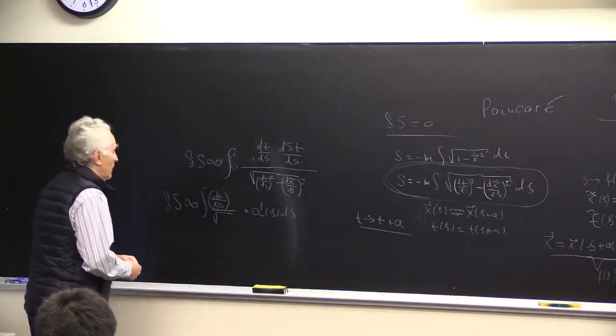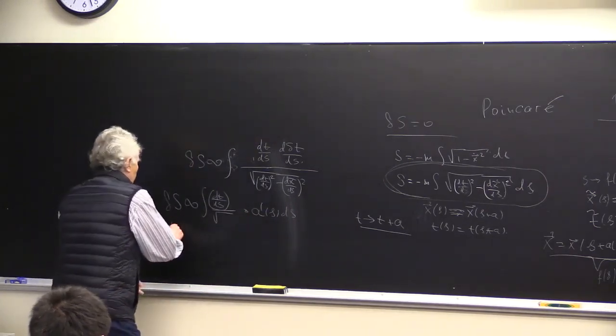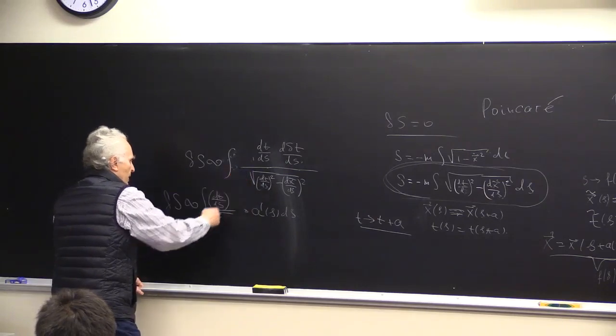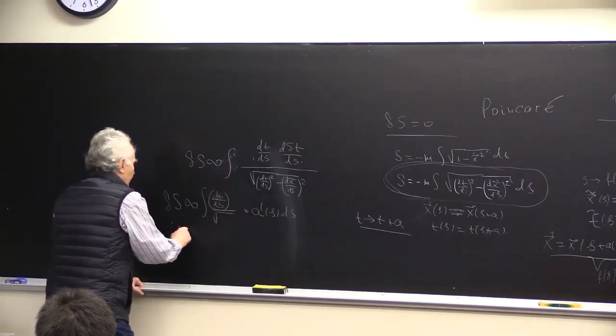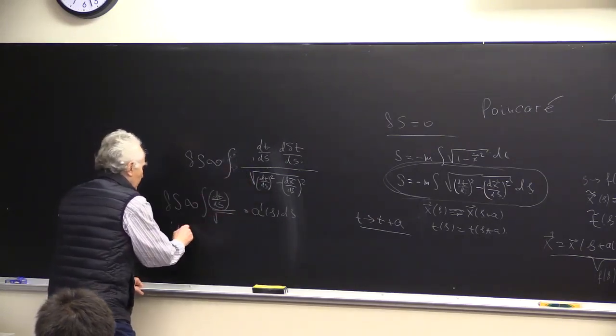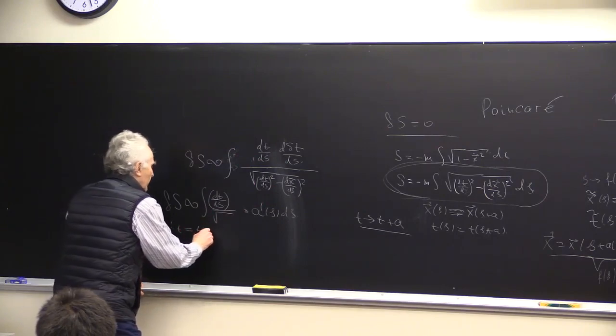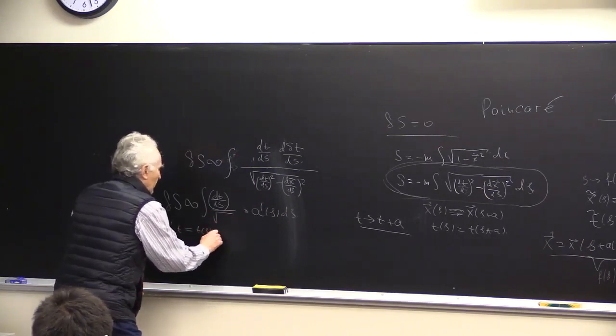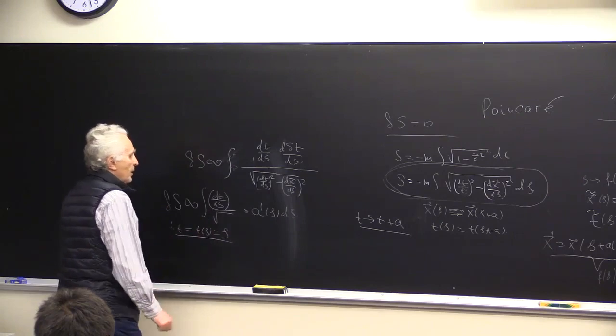And now we fix the gauge after we performed the variation. These operations do not commute. So we have t of s equal to s, it's a convenient gauge.